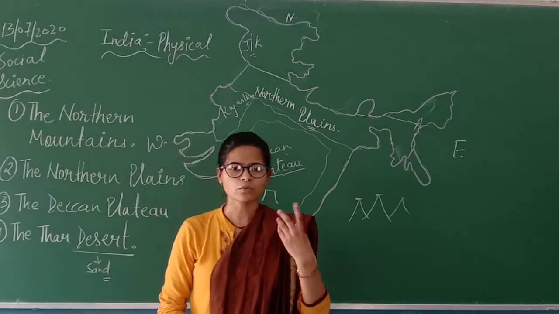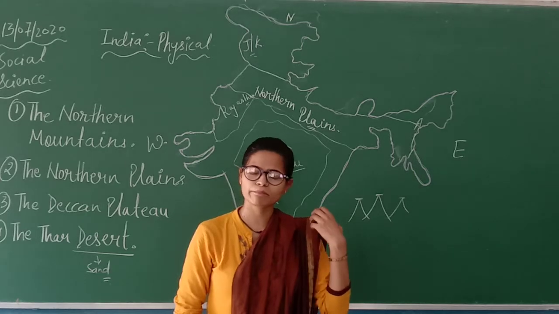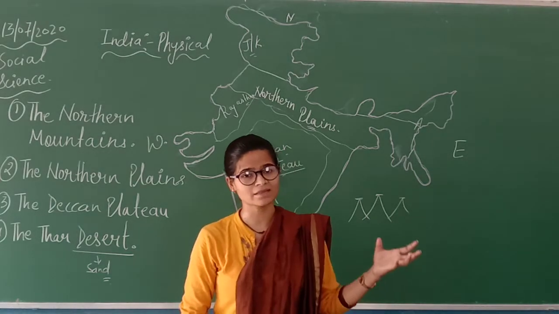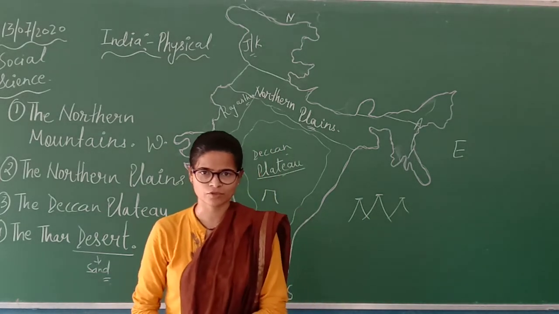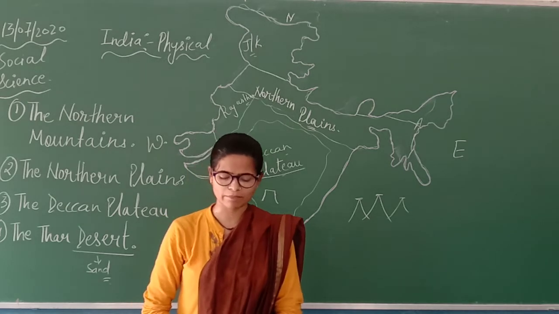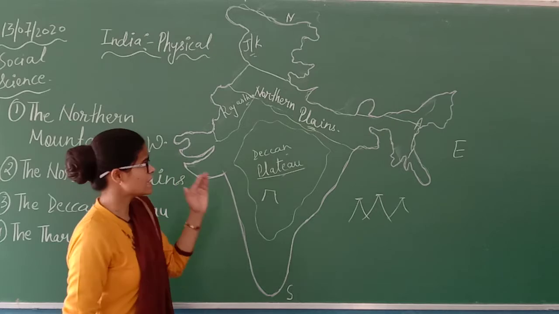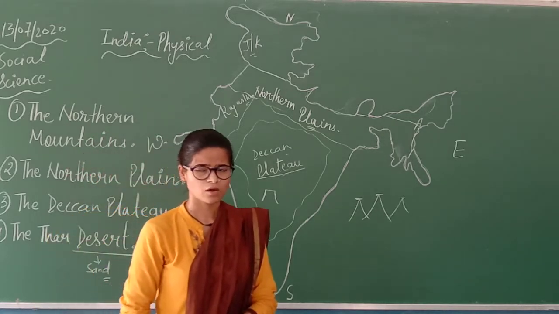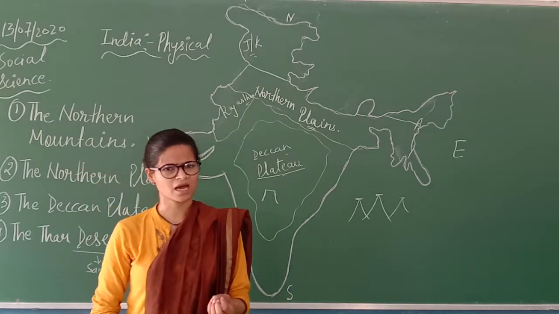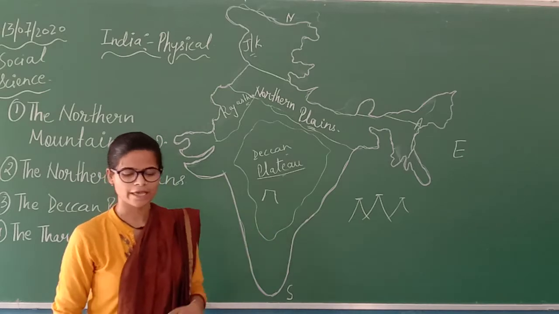So for water they have to go miles and miles and then fetch water for themselves. So here the life of the people is very hard. Very few plants and trees, and then shrubs and herbs, are grown in this area.